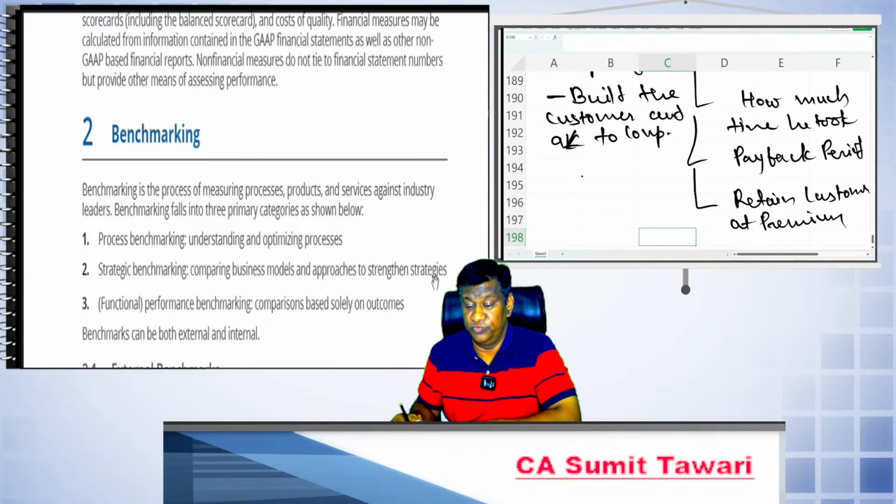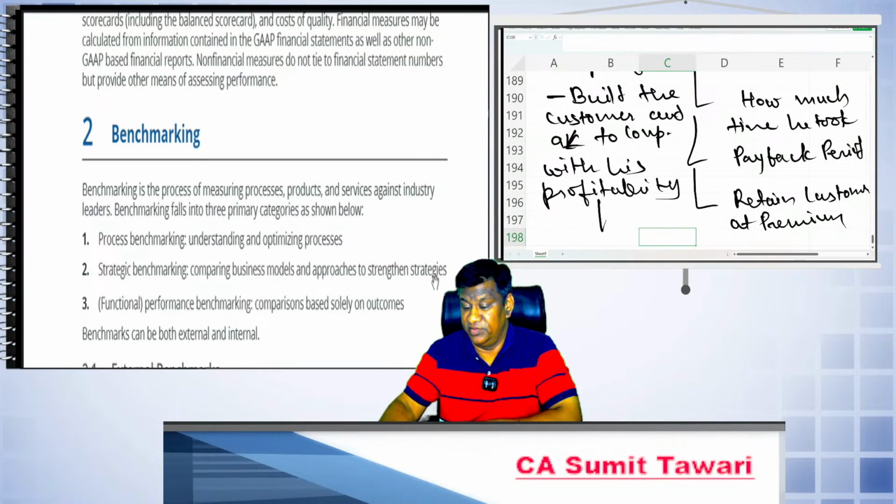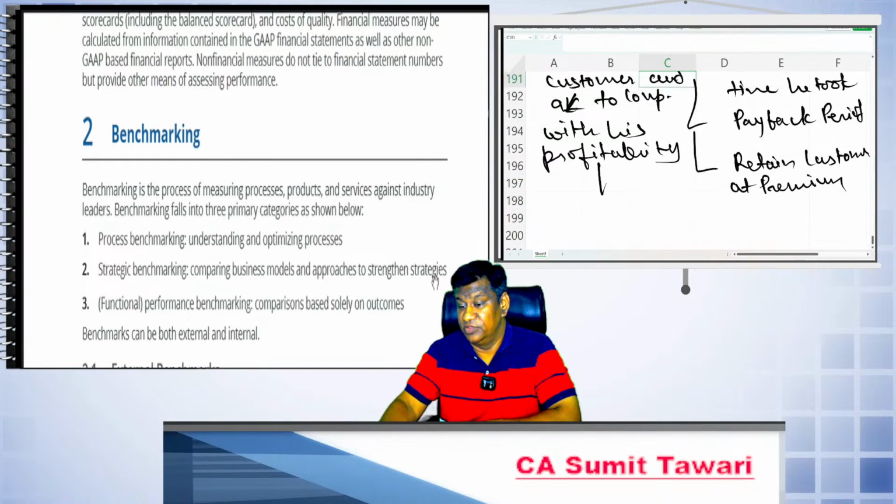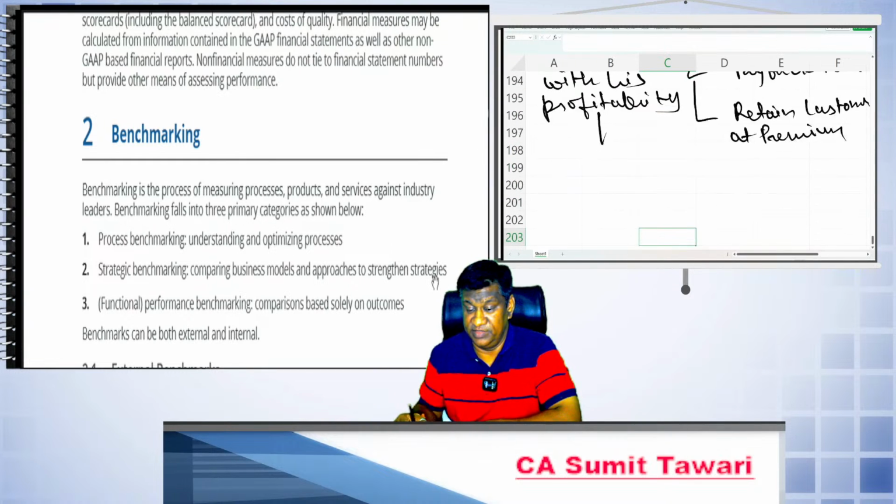Then what is he going to do? The same measurement he is going to do. So how much time did it take? Same time. Okay, then the payback period.